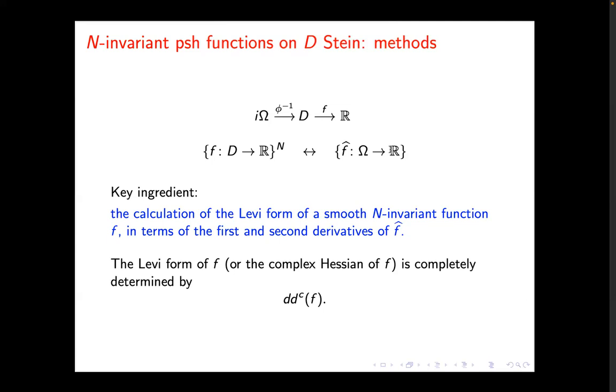So in order to compute the Levi form of a smooth N-invariant function, which, as I said, is determined by the complex Hessian, you do the Hessian with respect to dz_i, dz_j bar. We don't want to do that. Why?